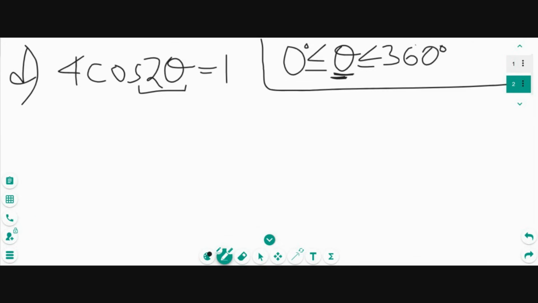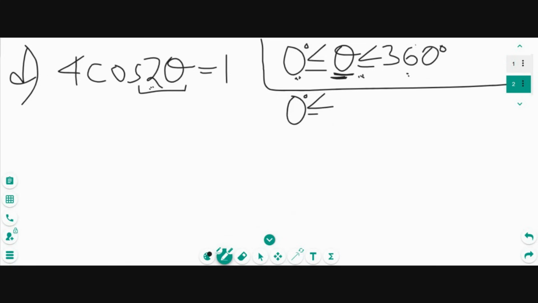I'm going to change my range, and I'm going to double everything in this range. I'm going to multiply 0 times 2, theta times 2, 360 times 2, so that I get the range of 2 theta. Because the range that I have is for only 1 theta, but these are 2. So 0 times 2 just gets 0.